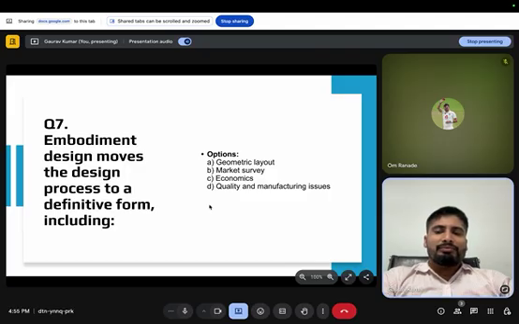Okay, so embodiment design is depicted as a bridge from analytical scoring to practical realization. So it reflects how structure evolution culminates in the creation of viable manufacturable products. Okay.